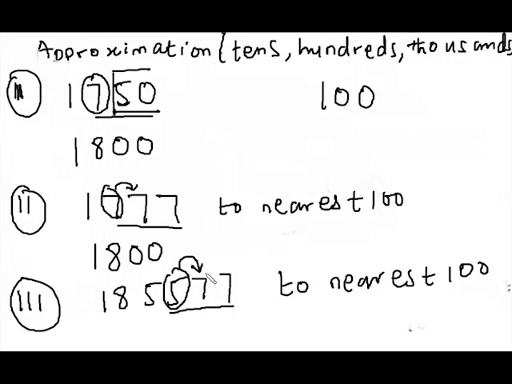Now the number before that is very important because that's what we're going to be rounding up or down and adding to this one again. So this 5 can be rounded up to 1 and then added to this one. So this is 6. So the numbers after that become 0, 0, to the nearest 100.